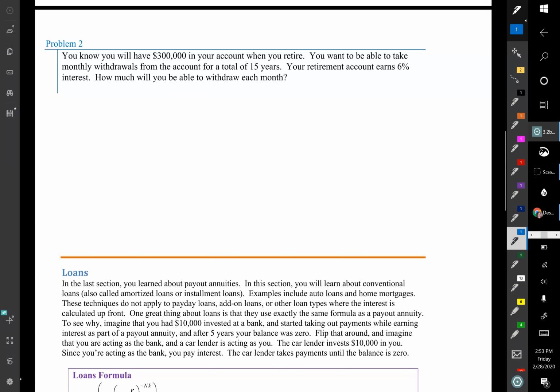So our formula, hopefully you have it in front of you, but here is the $300,000, which is our P sub 0 this time. D is what we're trying to find, even though it says withdrawals, we're still using that same letter. 1 minus 1 plus the R over K, which in this case, R is 0.06 and K is 12.